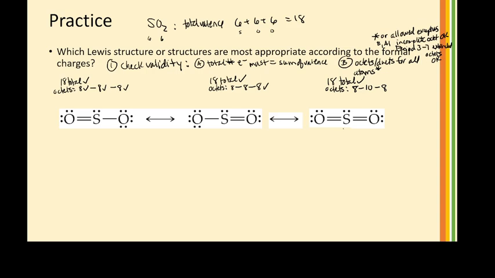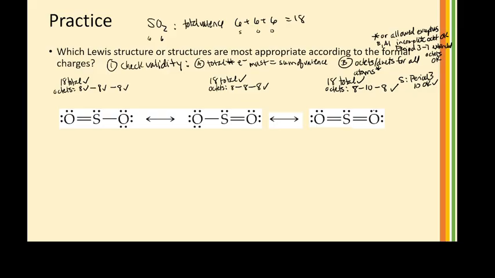So I have to look up where sulfur is. Sulfur is in period 3, so 10 is okay. So these are okay octets. It is not an octet, but it's an allowed exception to the octet rule, so I will leave that one.